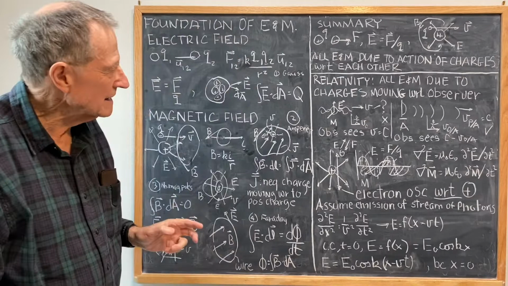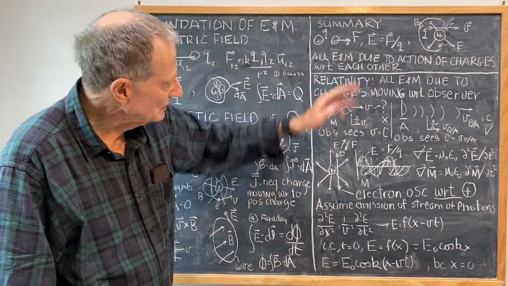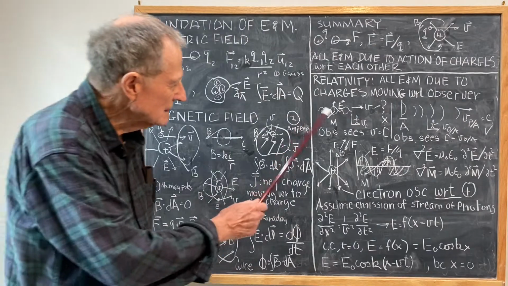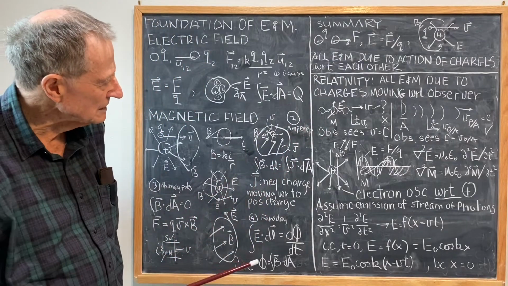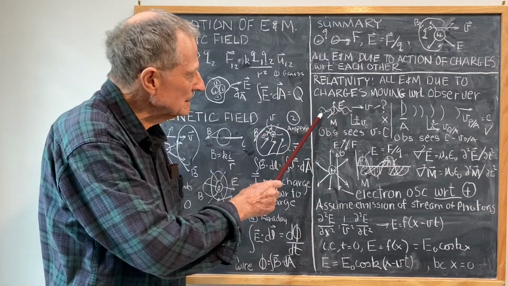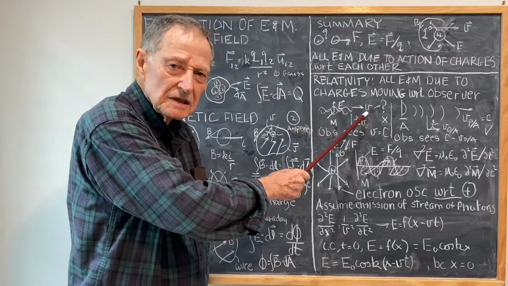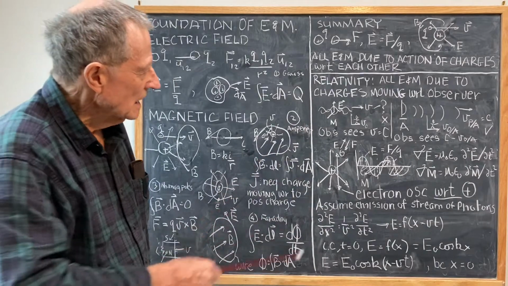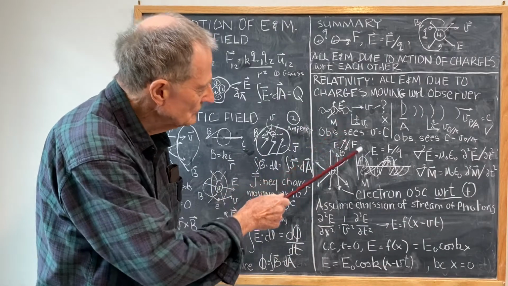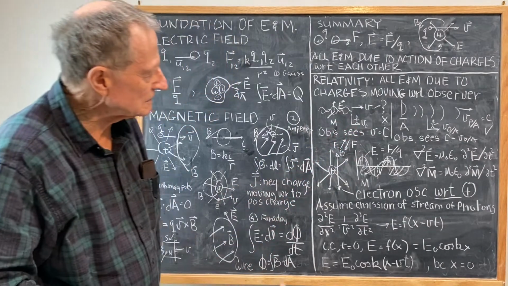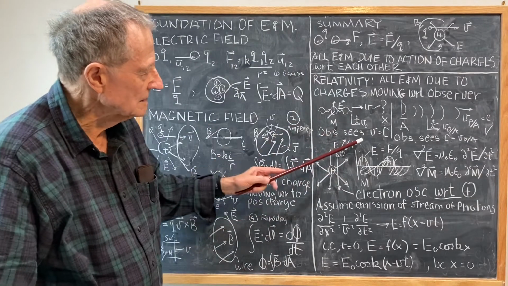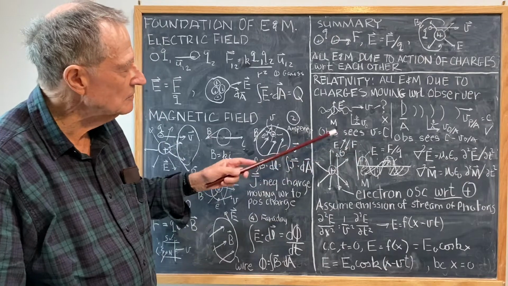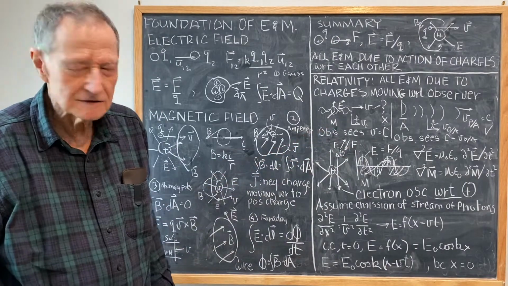For example, according to the special theory of relativity, if I have an electromagnetic wave moving at a velocity v, whatever that means, v with respect to what, an observer moving with velocity v0 sees the velocity of the electromagnetic wave as c, the speed of light, no matter what v0 is.